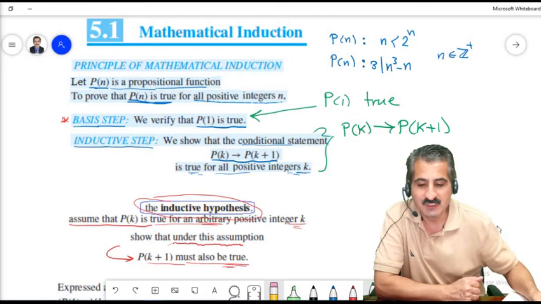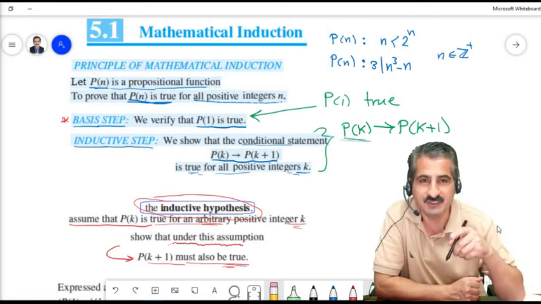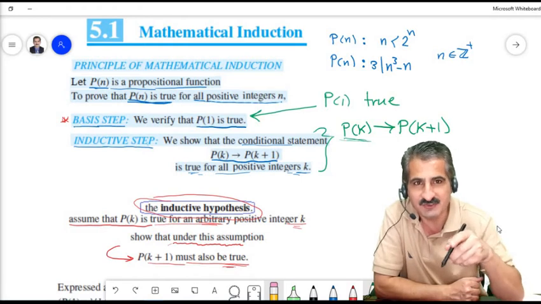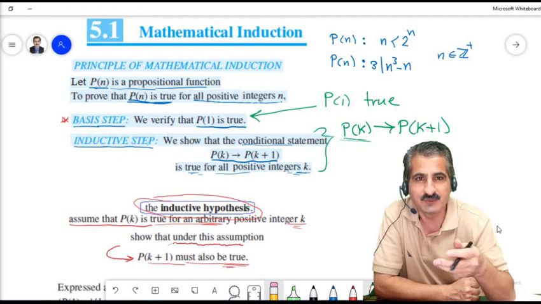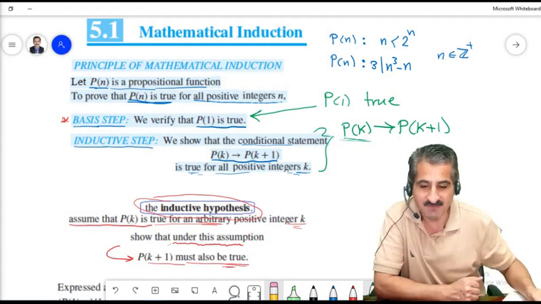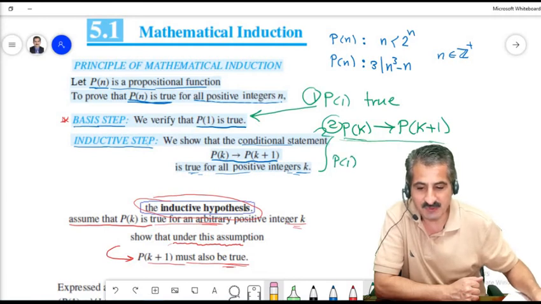So assuming the statement is true at some integer gives that it is true also at the integer that comes after. If we have these two in hand, number 1 and number 2, what do we get? P(1) is true, then using 2, we get P(2) is true.